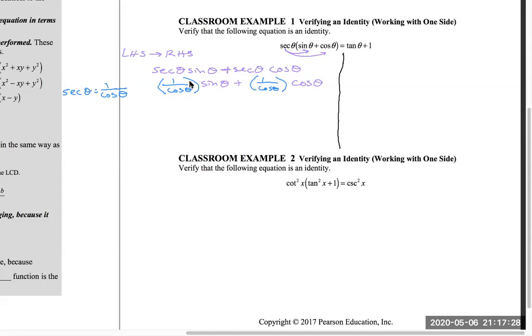Okay, now definitely practice with your algebra here. There's an activity for the second half of this meeting today that will cover that. So essentially, this is 1 over cosine theta times sine theta over 1. Multiply straight across, you're going to get sine theta over cosine theta.